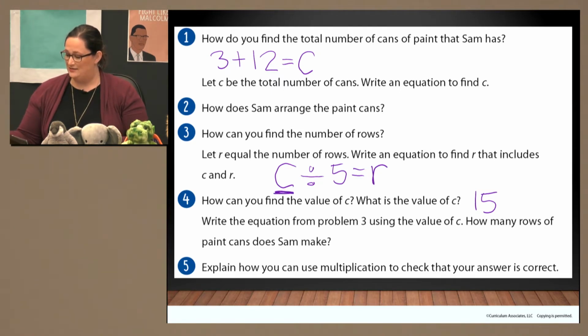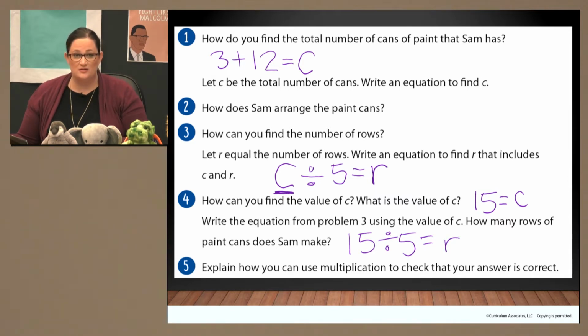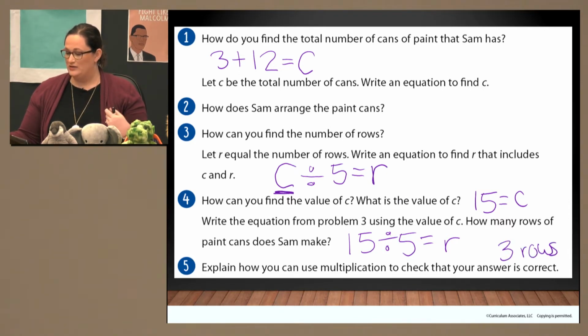What is C? 15 equals C. So instead of C, we're going to write 15 divided by 5 equals R. So how many rows? What is 15 divided by 5? 15 divided by 5, we figured out in our array, is 3. So there's 3 rows. R here is going to equal 3.